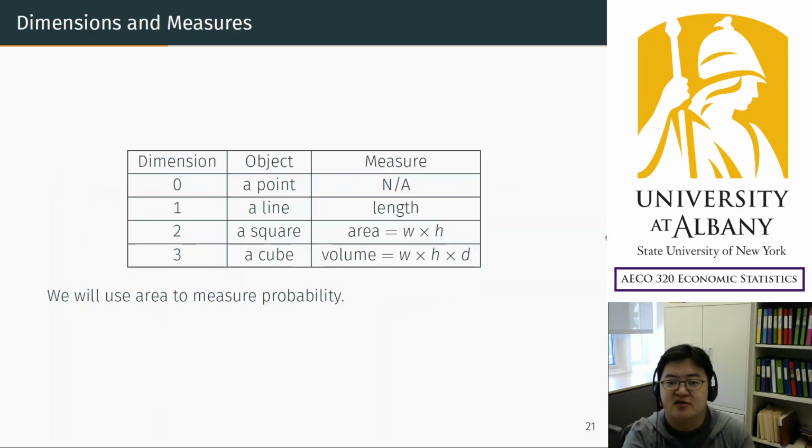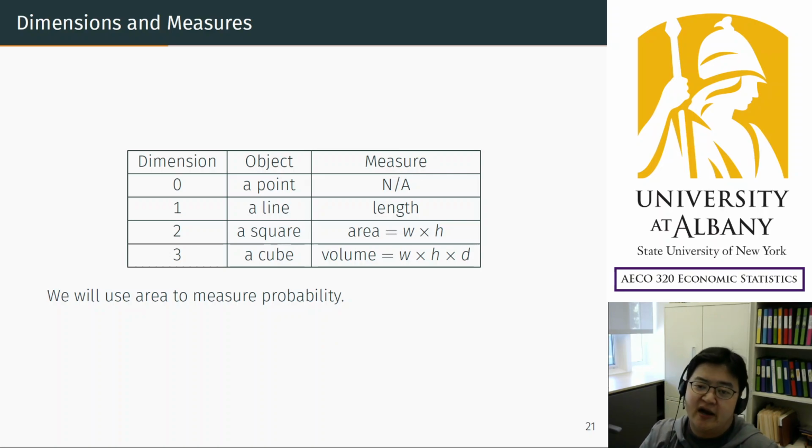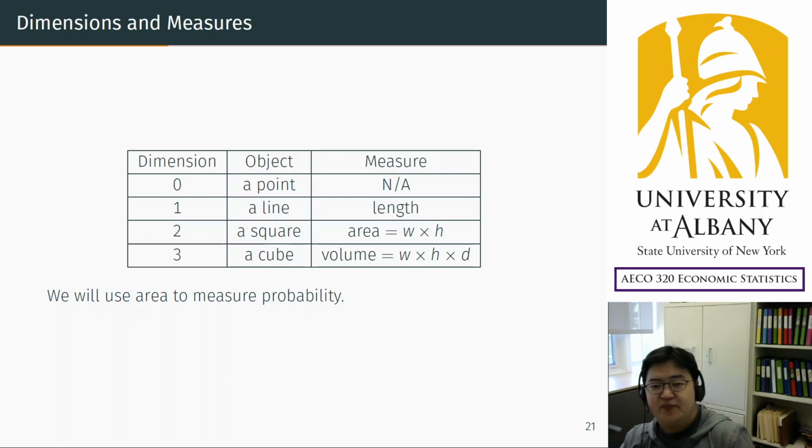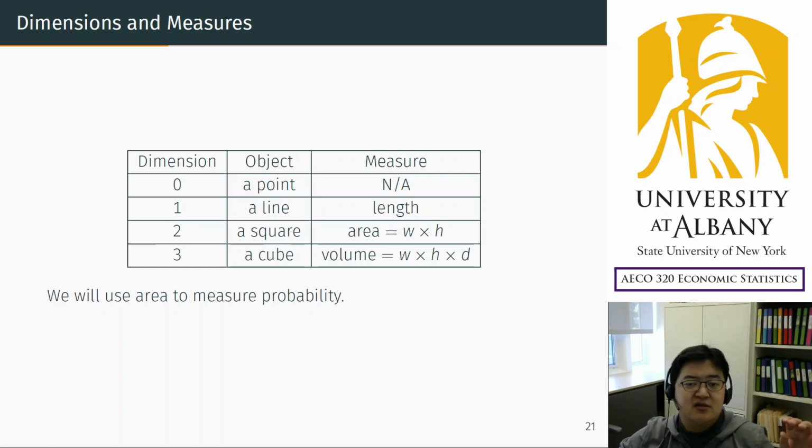So think about this. In the previous video, I explained to you the relationship between a point and a line. A line is composed of an infinite number of points. Continuous points will make a line. So even one point has no length, but a line has a length. So a point is zero dimension.